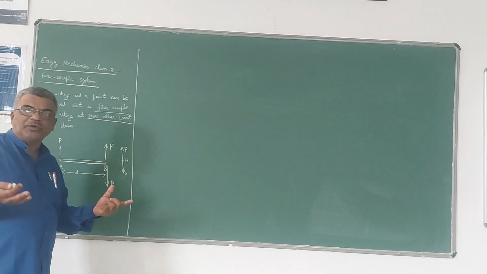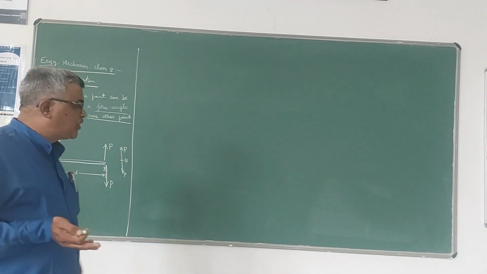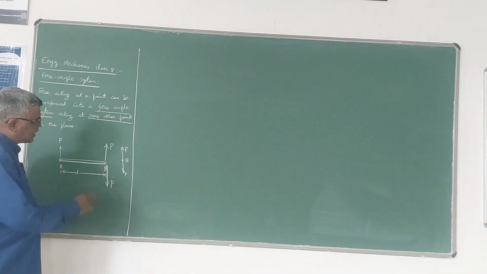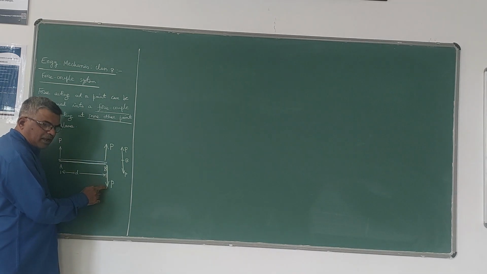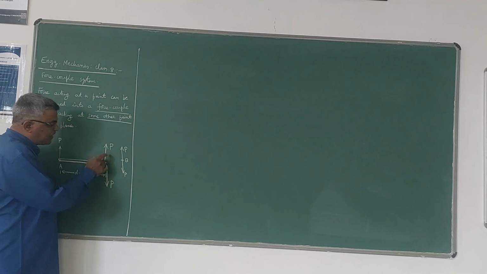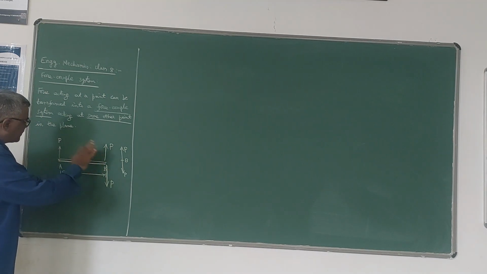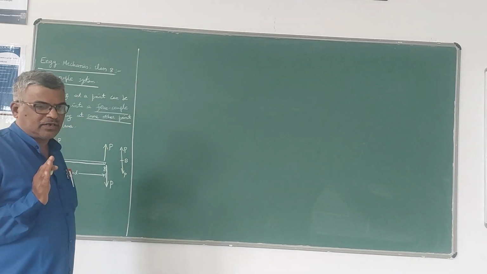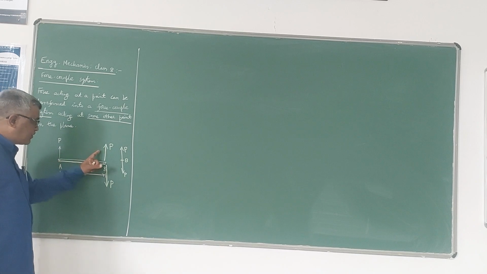Since the forces magnitudes are equal, the rod remains at the same position. So after introducing this force P, they nullify the effect and this will remain same. So without changing the effect of this force P, I have introduced this.